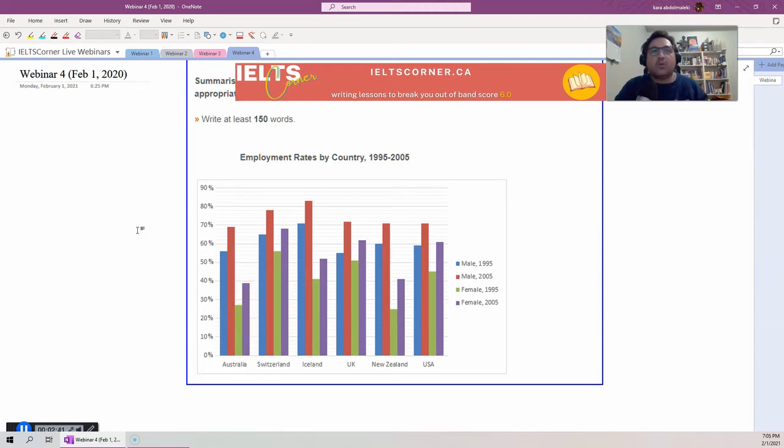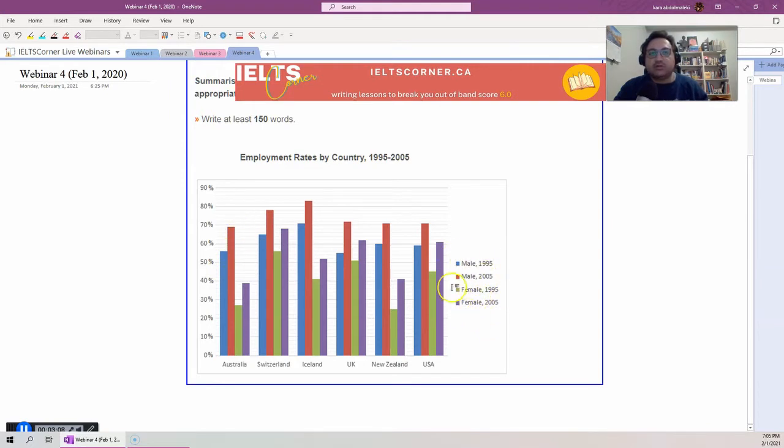Generally, unemployment has increased from 1995 to 2005 across both sexes. Yes, very good, that's an important thing to notice. Employment has increased, unemployment has decreased, from 1995 to 2005, among both females and males.